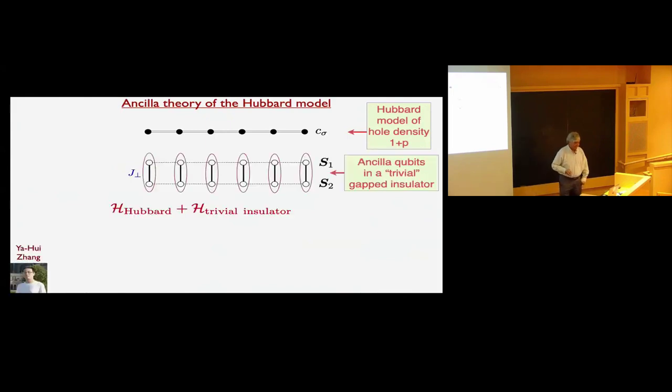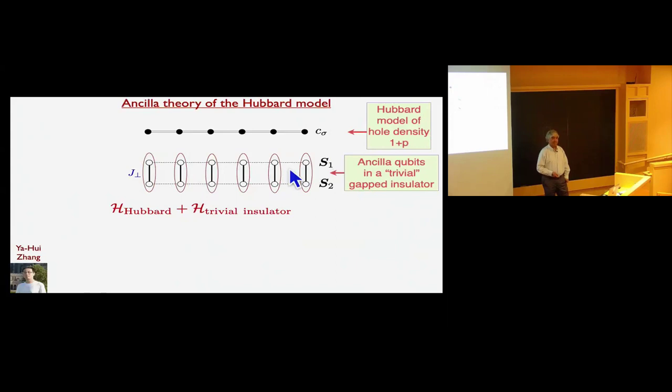Okay, so what you do, you take your Hubbard model, single band Hubbard model, I'll talk in terms of holes of density 1 plus p. And then I just add to it a trivial insulator, meaning that you just get a bunch of singlets. These are Ancilla degrees of freedom.